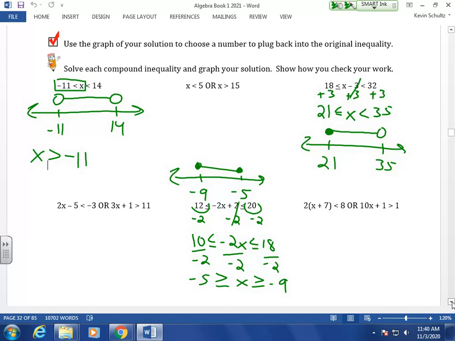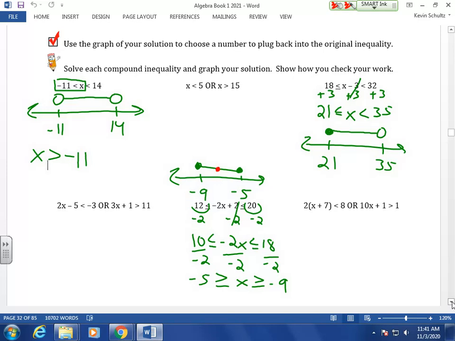Okay. Now the question was asked, how do we check this? Any thoughts on how we would go about checking this? Brent? Figure out the number for x and see if it fits. What do you want x to be, Brent? Negative 7. So Brent's choosing negative 7, which is smack dab in the middle of our solution set.